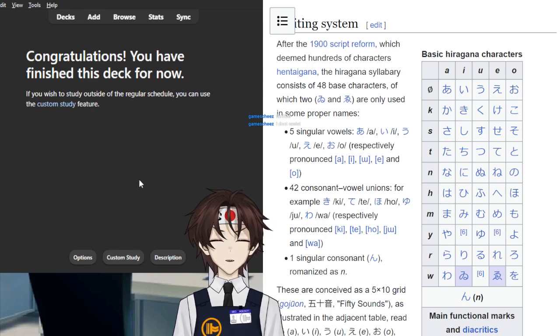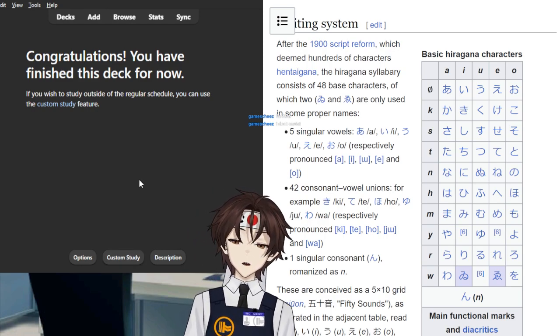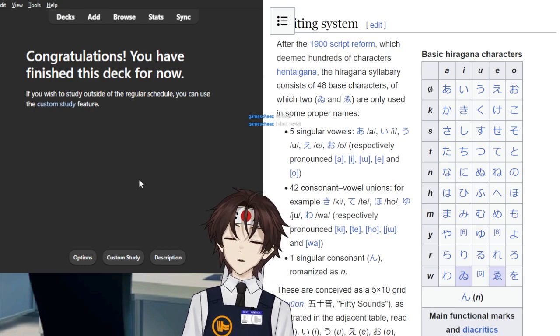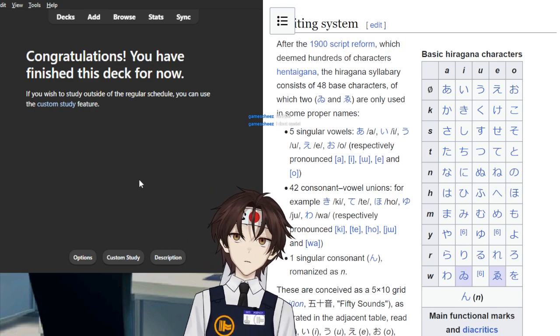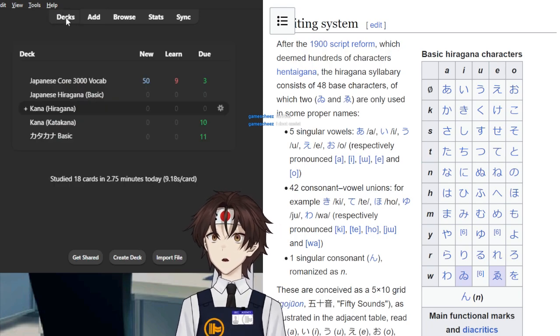So yeah, as you saw there, I know what these characters are, how these symbols are pronounced. I want to, but you tend to lose them because you're not using them.